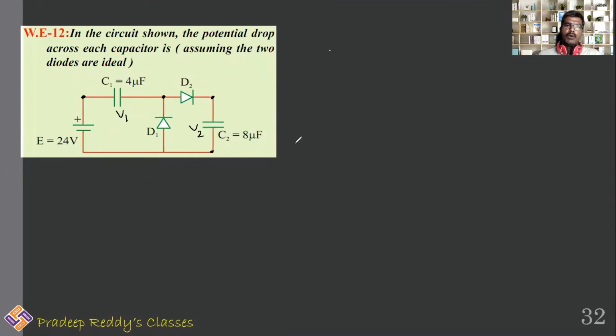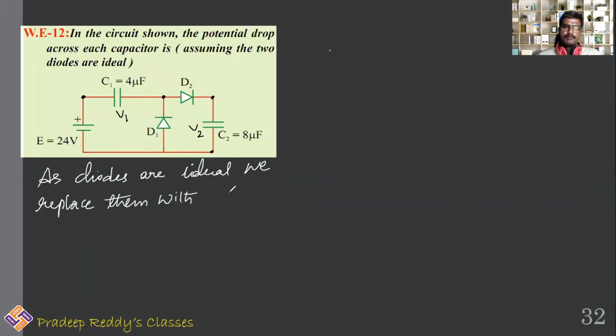And what is mentioned to you in the problem? It is mentioned that these two diodes are ideal diodes. As they are ideal diodes, what we need to do? Just replace these diodes with wires. As diodes are ideal, we replace them with wires in the circuit.